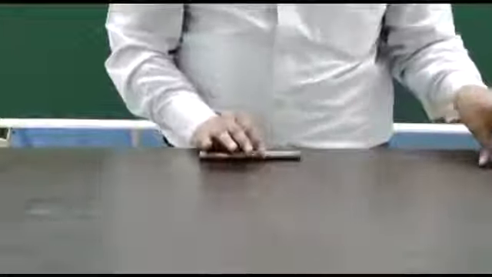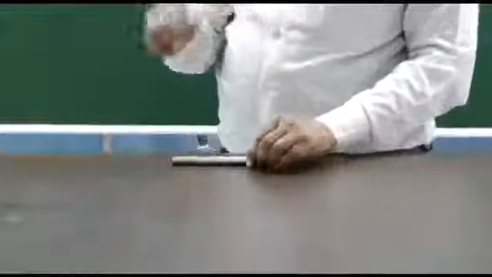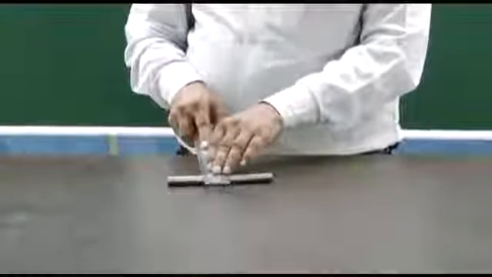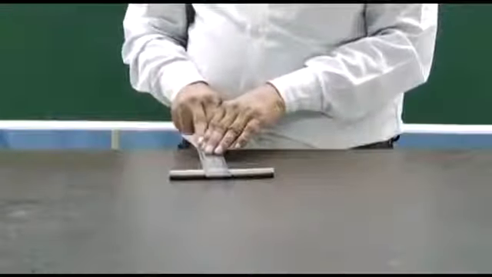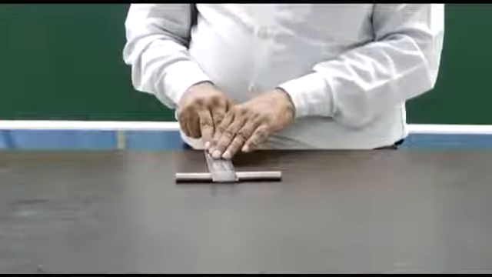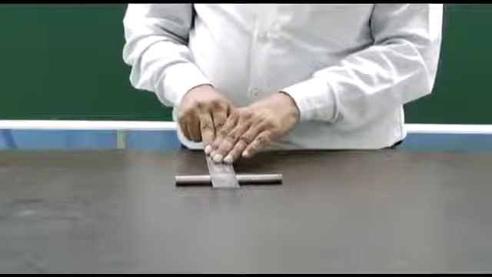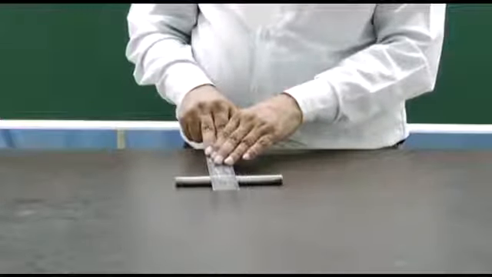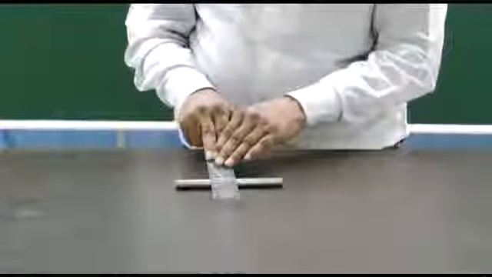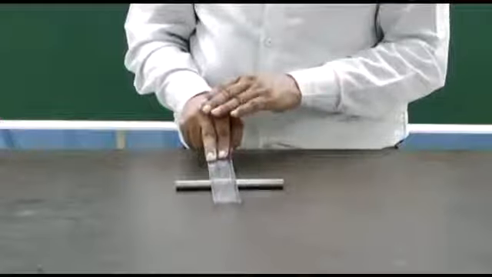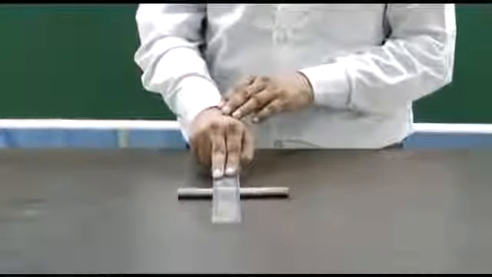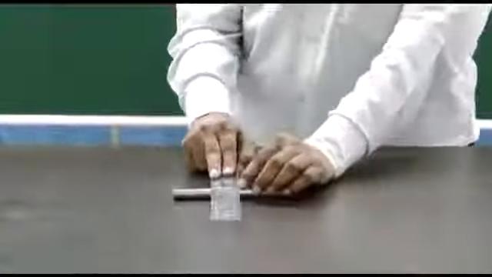If I press it with this scale, I am pressing this upper surface with this scale and gently pushing it in forward direction, so that the tube is rotating and going ahead, and the upper surface is definitely moving in forward direction, and the scale is also moving in forward direction, you can see, and there is no slipping between the scale and the tube.